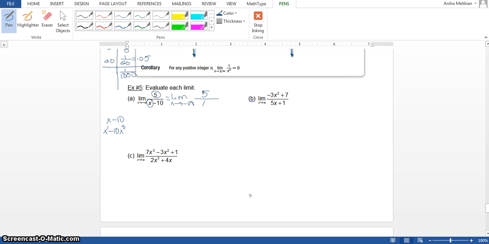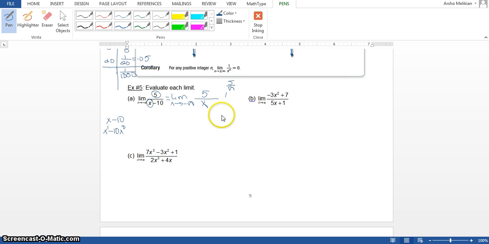So here we have 5 over x. Now, x is going to be infinity. Or actually it's going to be negative infinity, but it doesn't matter. So think to yourself, 5 divided by infinity. It's going to be what? Really small. 0. Okay? So, in your mind, you think 5 divided by infinity.